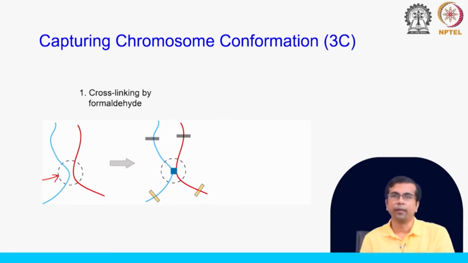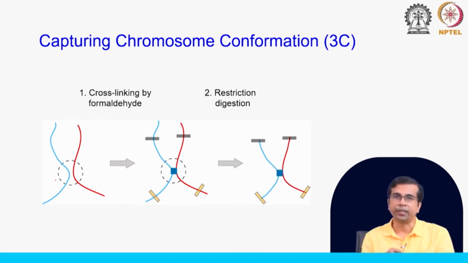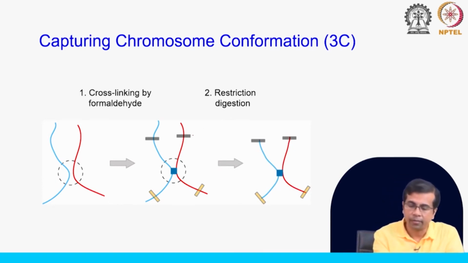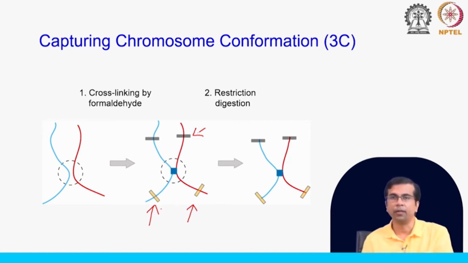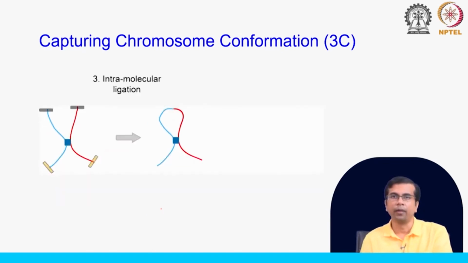Once you have done the cross-linking, the next step is restriction digestion. I have highlighted some of these restriction sites, and this is where you can do restriction digestion. These sites can be the same or different, depending on your experimental design. The next step is intramolecular ligation.